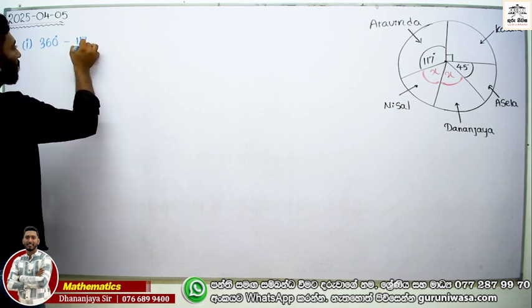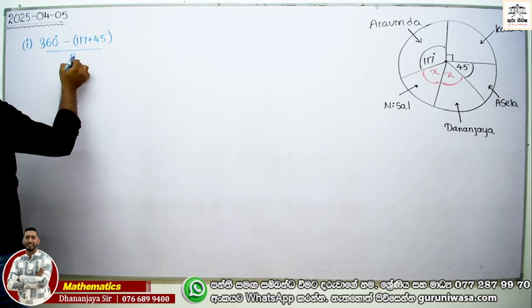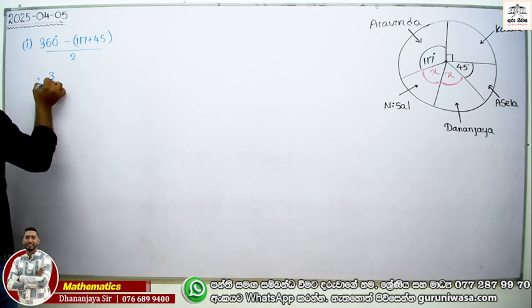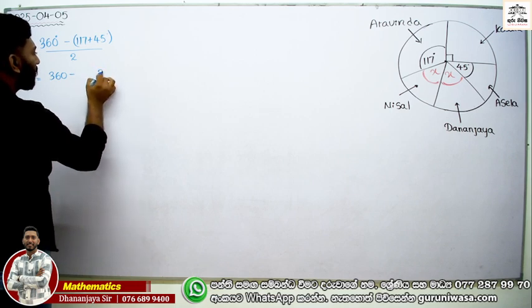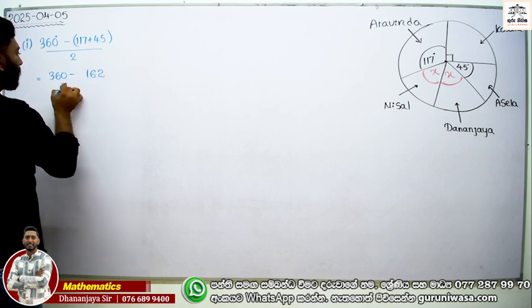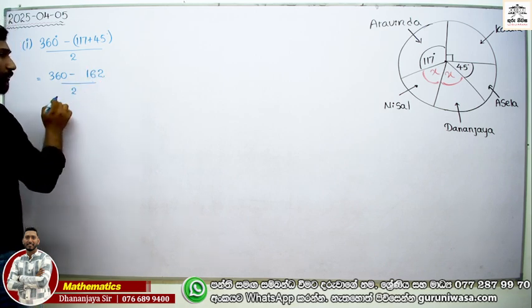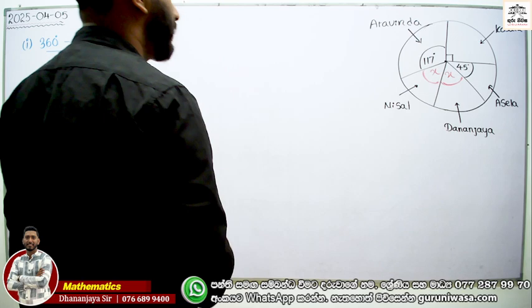117 plus 45, then divide by 2. 360 degrees minus the sum.